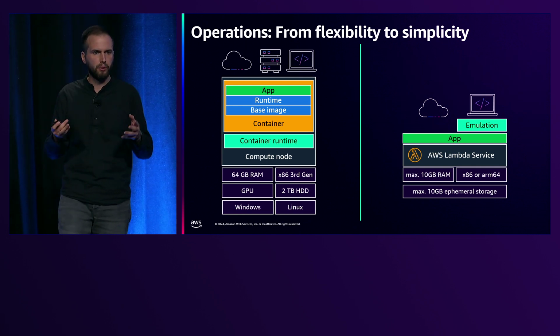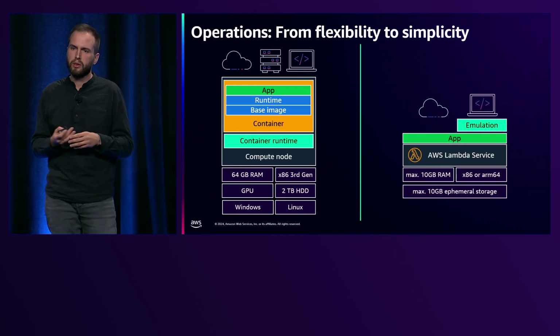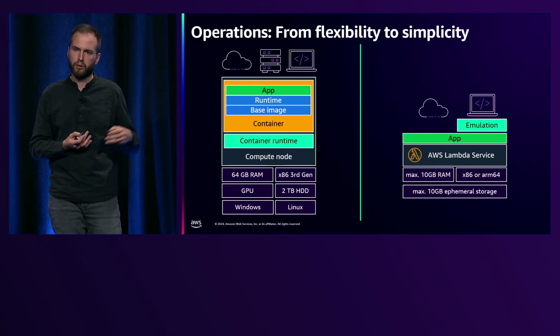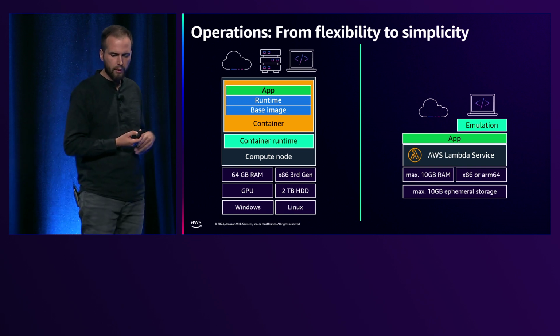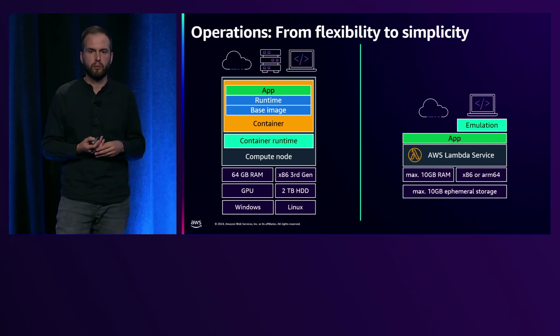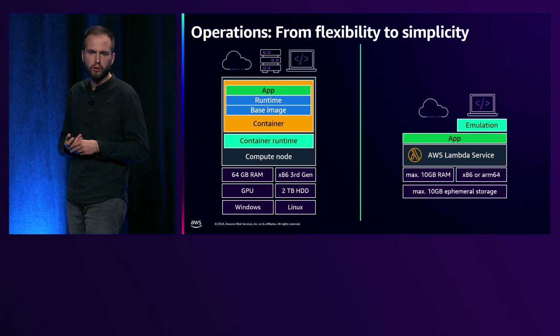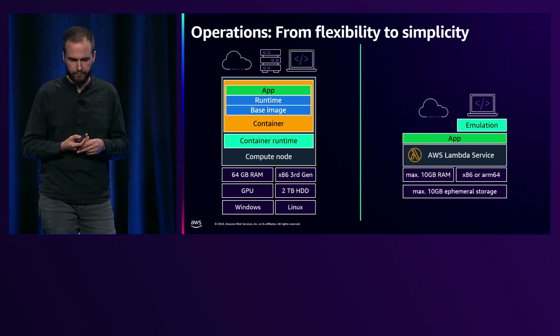I can decide the processor architecture, x86 or ARM, but the rest will be allocated proportionally based on the memory provided. For local development, I can use frameworks and tools such as AWS SAM to emulate the function environment locally and have a local developer experience.